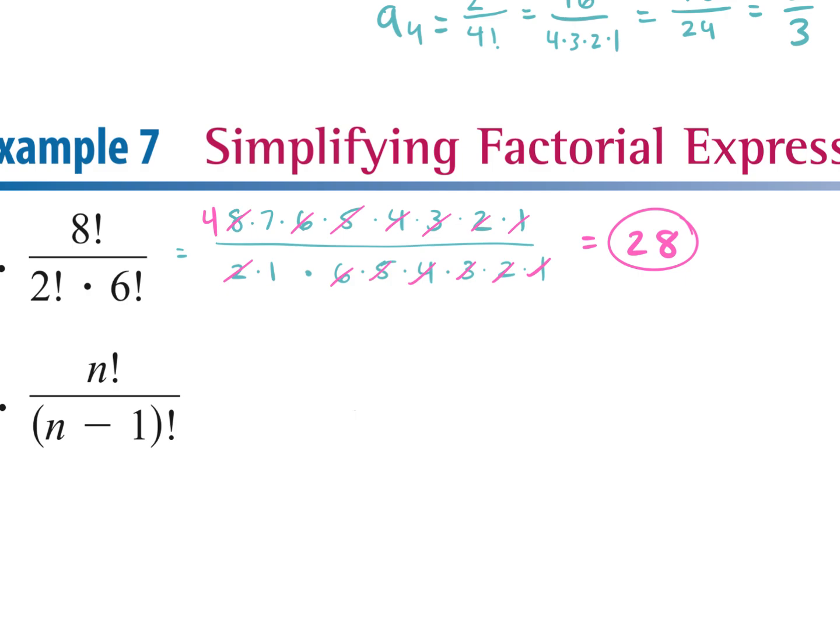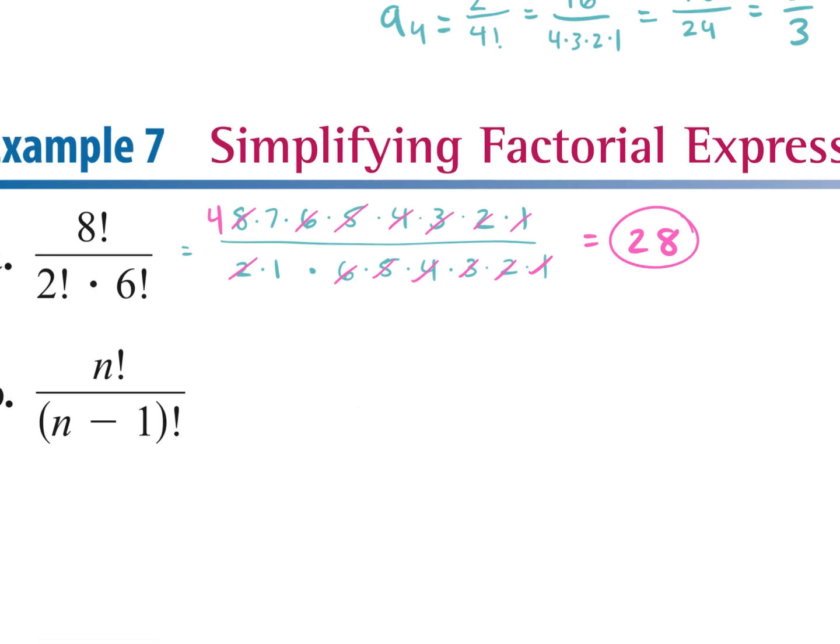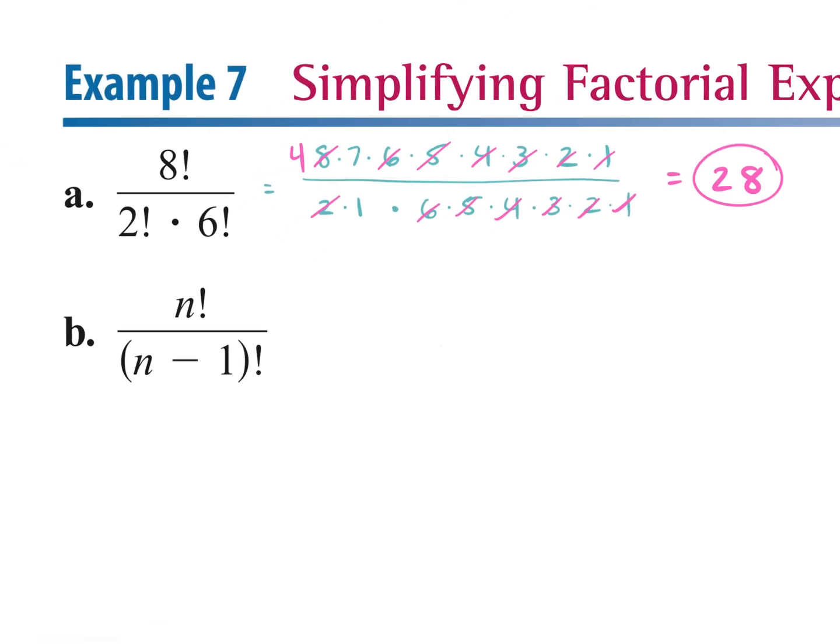So it's a lot easier to simplify than it would be to multiply them all together and then divide at the end. Another way that we could have done this is if I see that I have a 6 factorial on the bottom, I can simplify the 8 factorial or break it down until I get to 6. So let's say on top we had 8 times 7 times 6. I know from 6 down, it's going to cancel out with the 6 on the bottom.